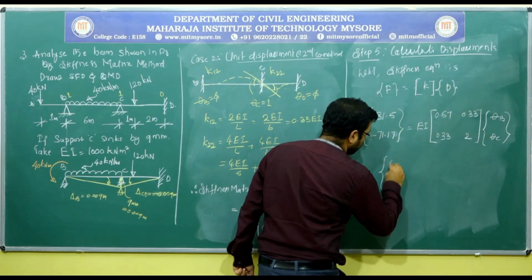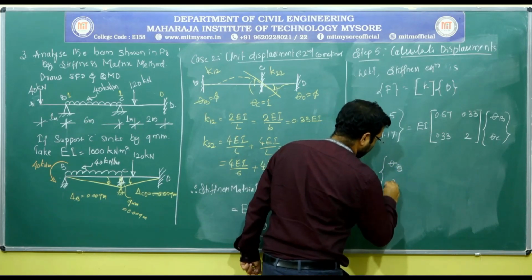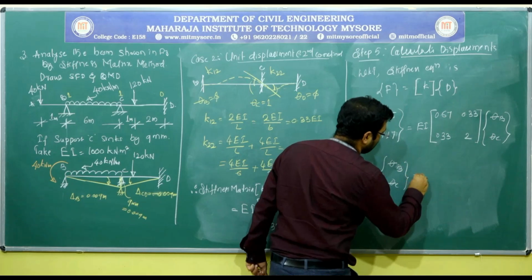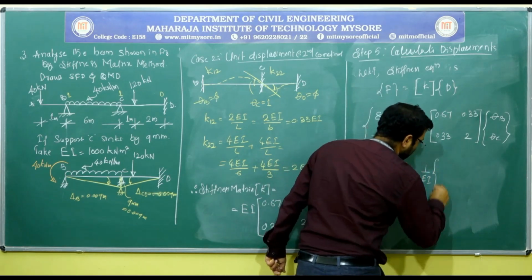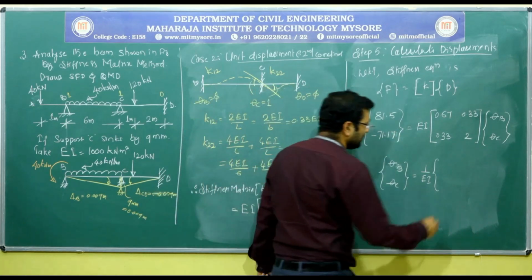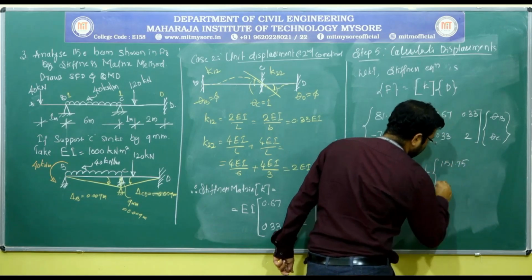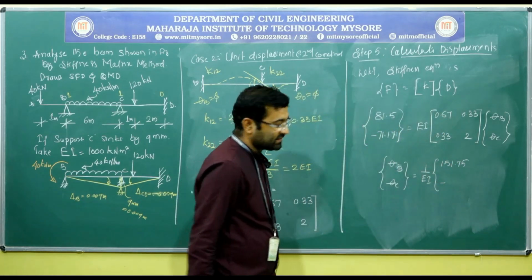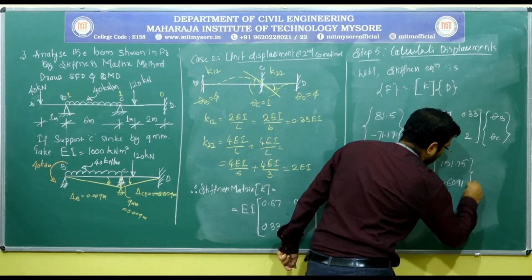So from this, either by matrix operations or by using calculators, we will be able to determine the values of theta B and theta C as 151.75 and minus 60.91 radians.